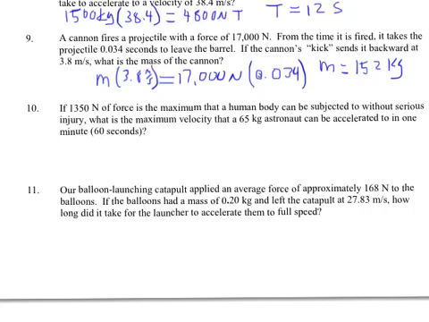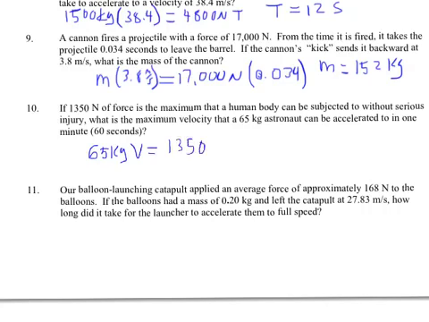So what we're looking for is, let's see, what is the maximum velocity? So I'm looking for velocity in this equation. I have to know the mass of the astronaut is 65 kilograms times velocity, which I don't know, equals the force I'm going to apply.